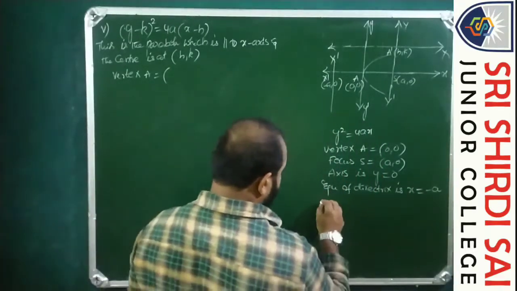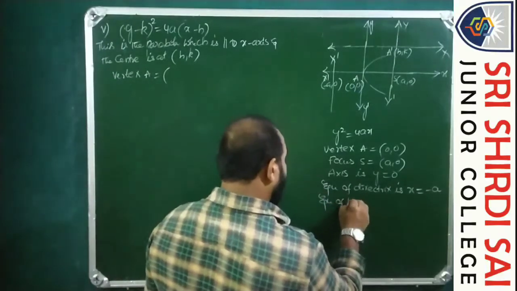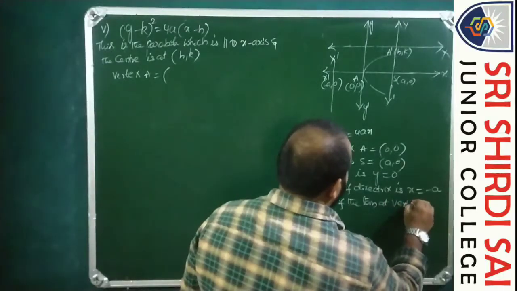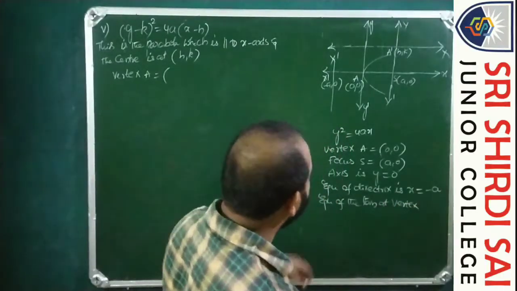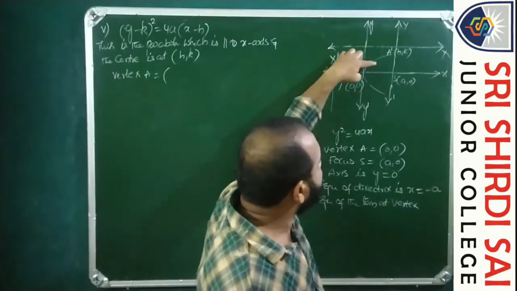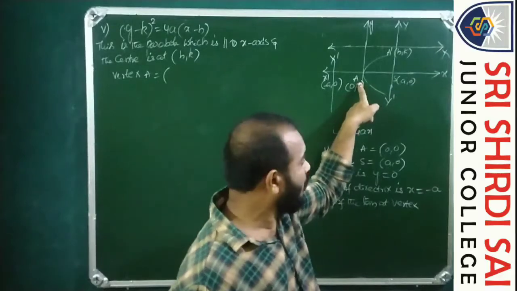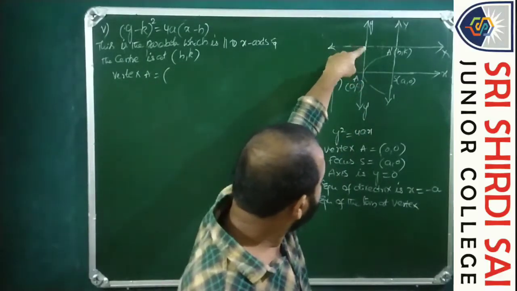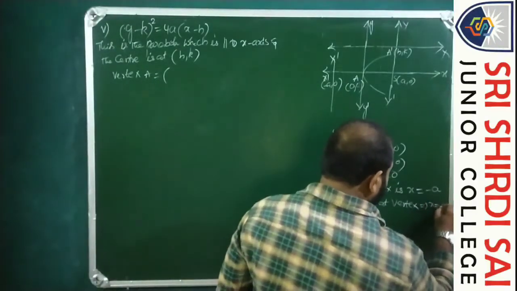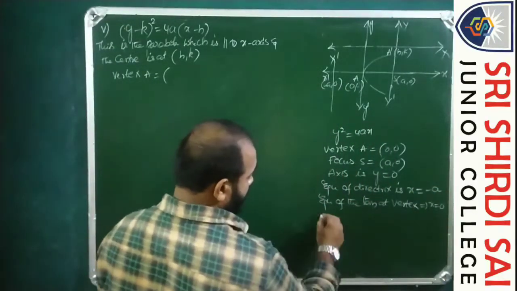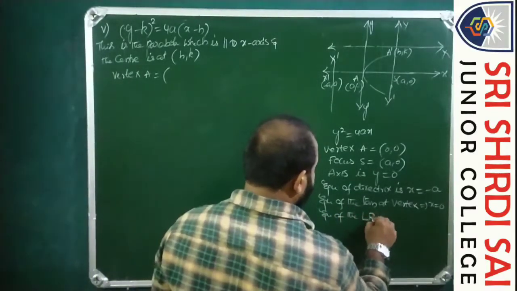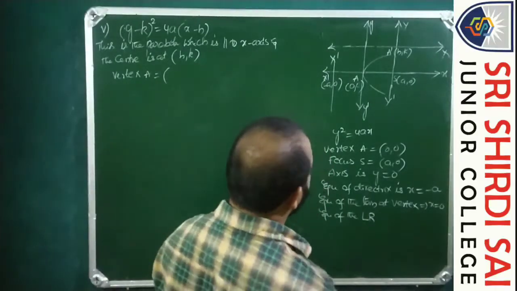And the equation of the tangent at the vertex at 0 0 is the y-axis, x equals to 0.